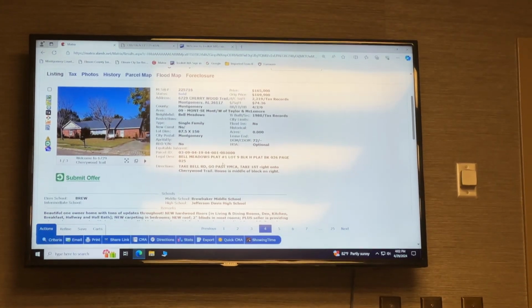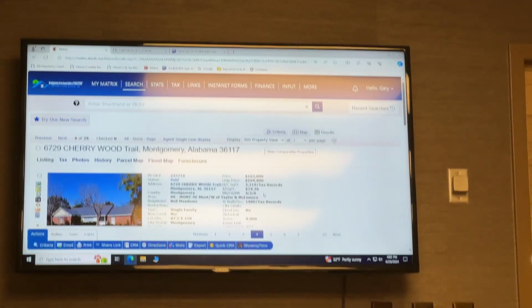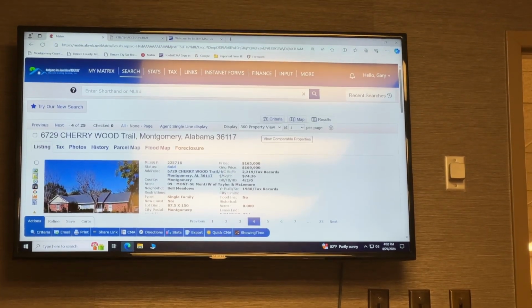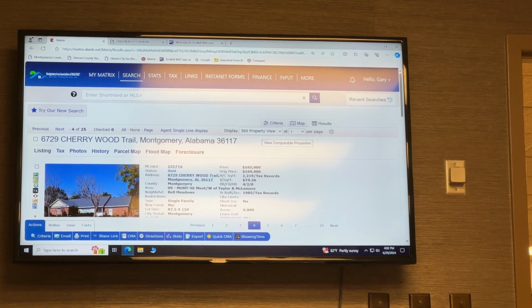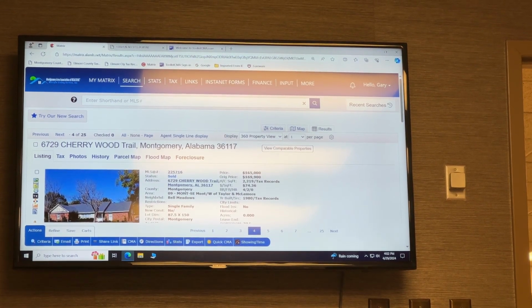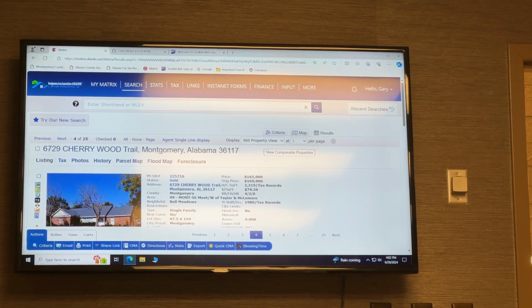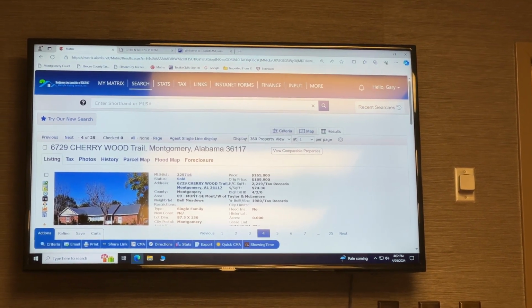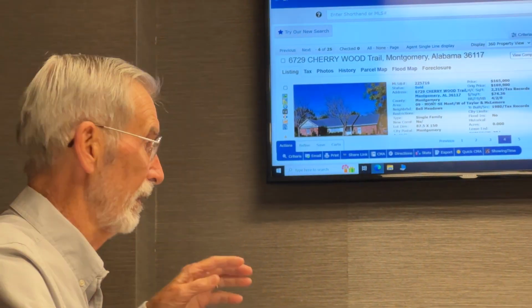Let's assume, for the sake of argument though, that she bought this house in 1980 and it hadn't been sold since then. You can't find anything in multiple listing because our database doesn't go back that far. When we shifted from one service to another, to the Matrix vendor, the old database service we used, they didn't like it.